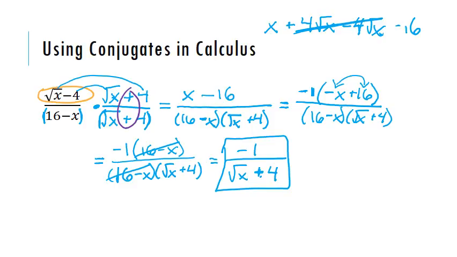And that caused the root x to disappear on top in such a way that we were able then to take that x minus 16 that resulted from that conjugate and manipulate it by factoring out a sign such that we could cancel something else. So that's what we're going to be doing with conjugates in calculus.